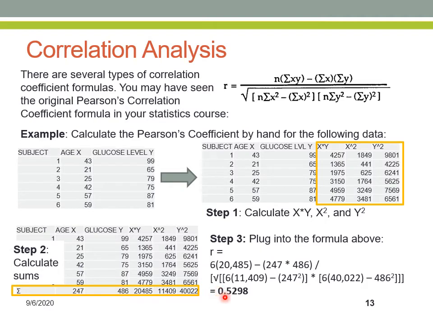And that gives us a correlation of 0.5298. So we are seeing that age and glucose level are positively related, not very much positively related, but enough positively related to say, well, there is a detectable relationship.